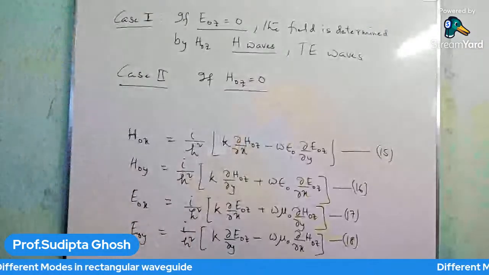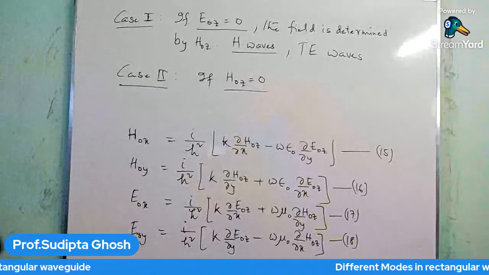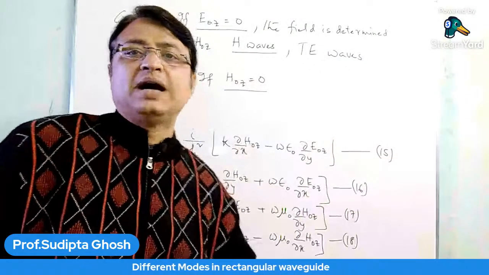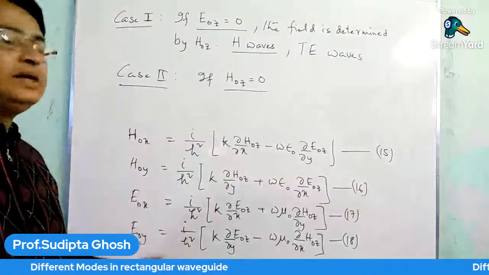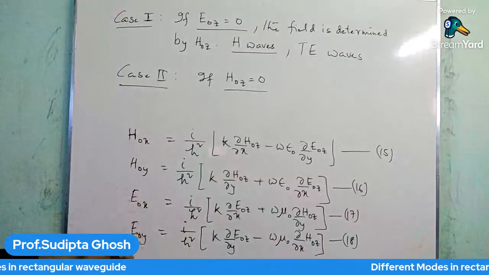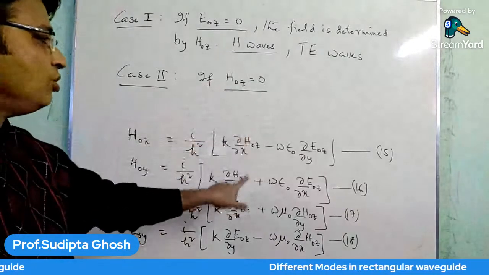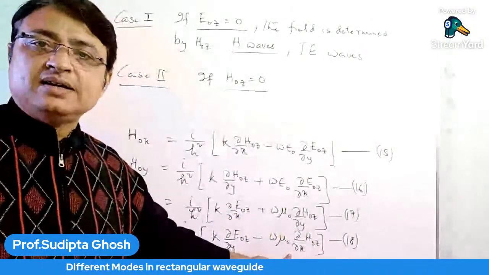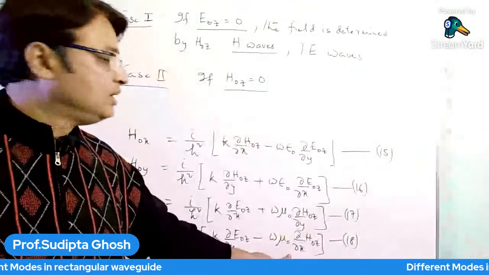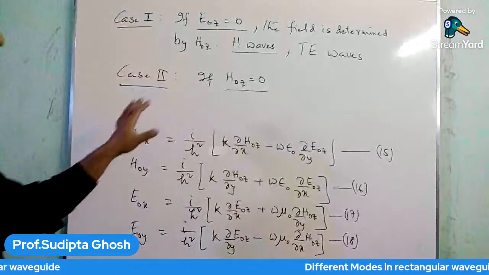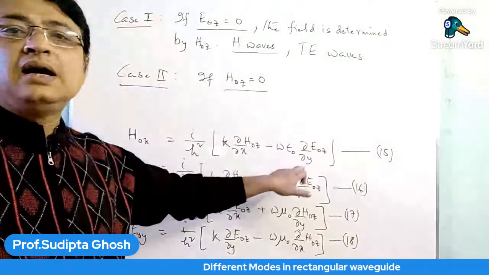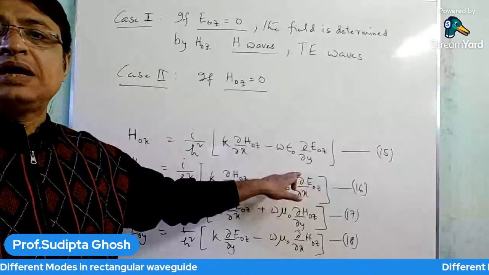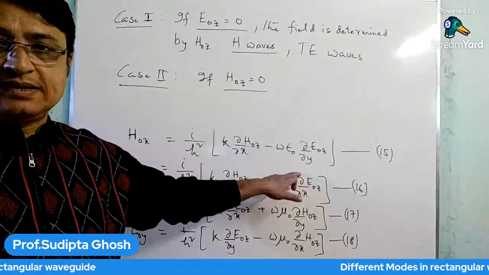If HOZ equals 0, again considering equations 15 to 18, and following similar arguments, you can tell that HOZ is 0 in each of them, so the entire field is determined only by the component EOZ.